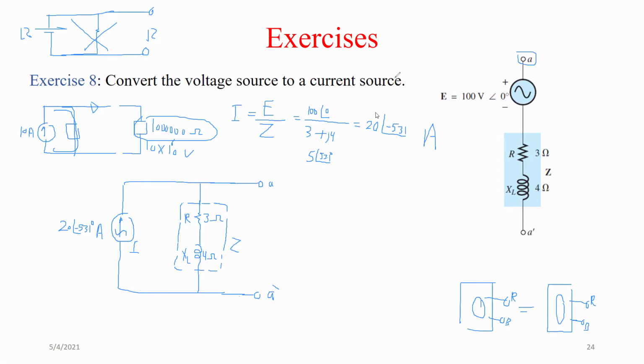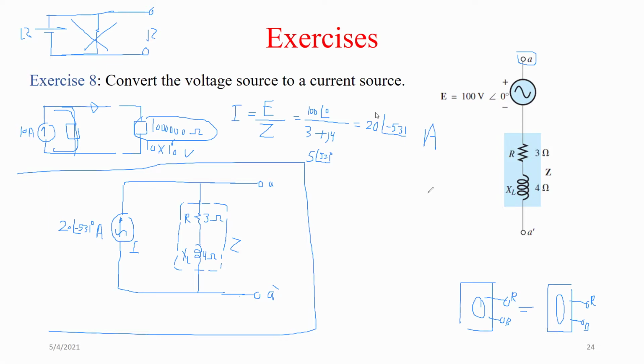Now, a question here says, can you show us how to convert it back to the voltage source? Easy, and we'll do it. That's a good question. So this is the current source. Someone gives you this and says we want to find that.